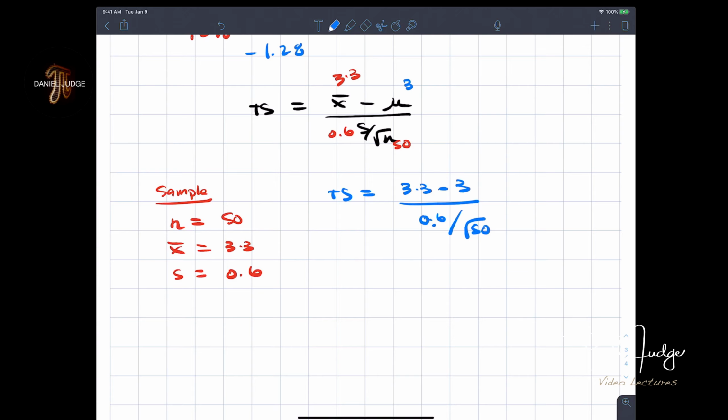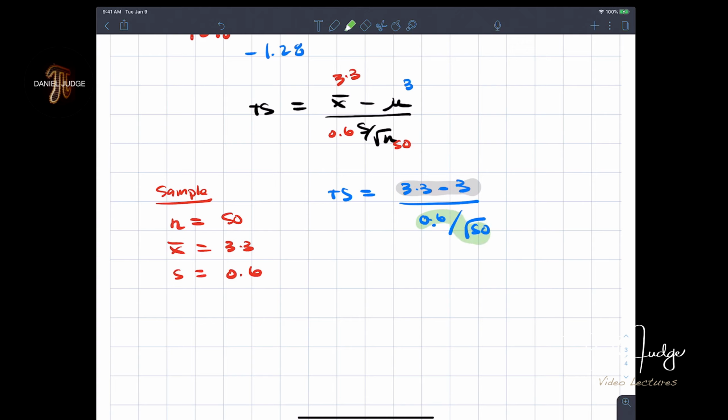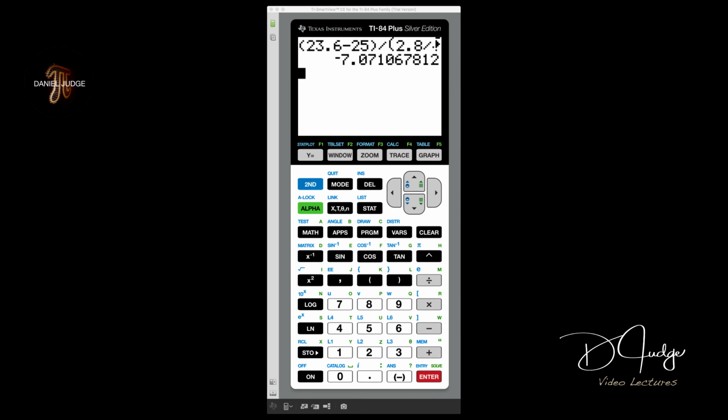And now you get to use your calculator. Remember, don't forget. You're going to have to put this in the numerator, and then the other division question in the denominator, but you need to put parentheses, right? All right, so we're going to go to the TI. We put parentheses for the numerator: 3.3 minus 3. Close them.